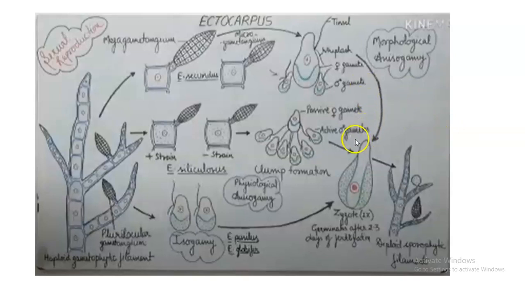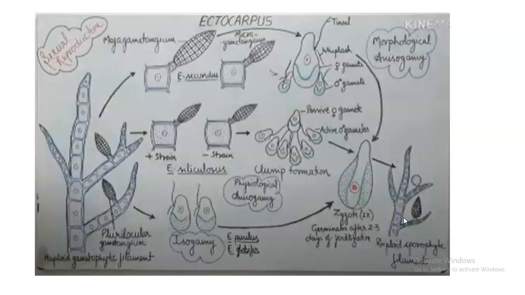Now coming to this overall summary, if you want to hear, in the species of Ectocarpus we can see two different types of filaments. One is called a diploid sporophytic generation and a haploid gametophytic generation.